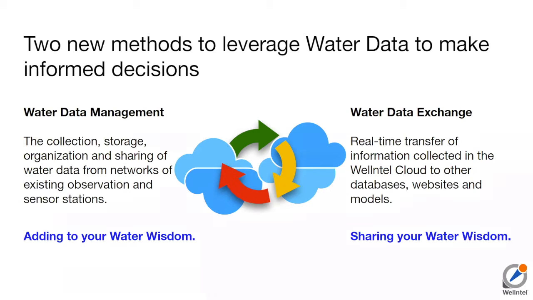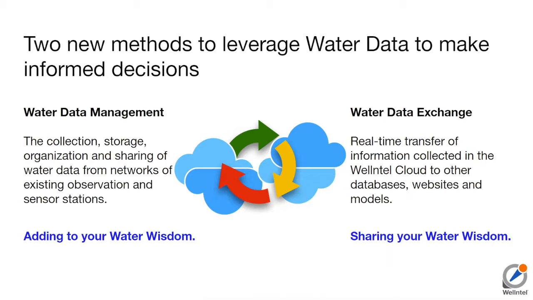And on the other side, once we're assembling all of these different data types, it becomes important to share them. And so we have 2 new methods for leveraging water data to support customer decisions. And we've presented them as products on our website. One is called Water Data Management and one is called Water Data Exchange. They both rest on the premise of an API, or application programming interface, which is the sharing of information between databases.